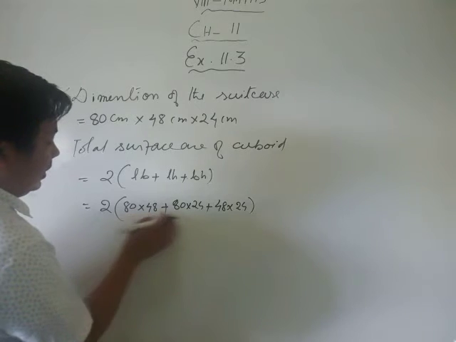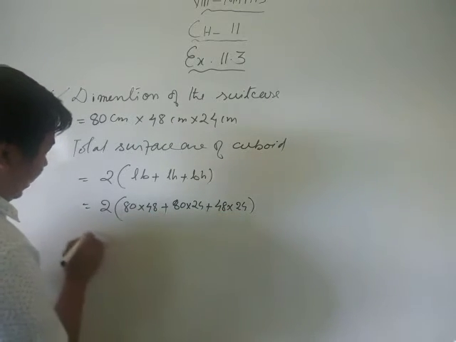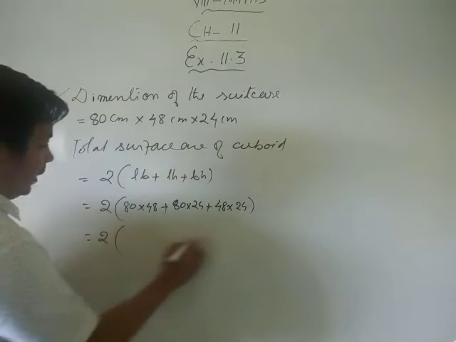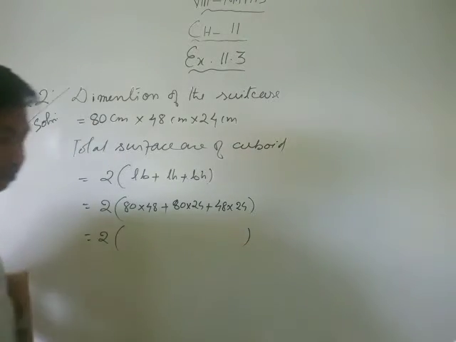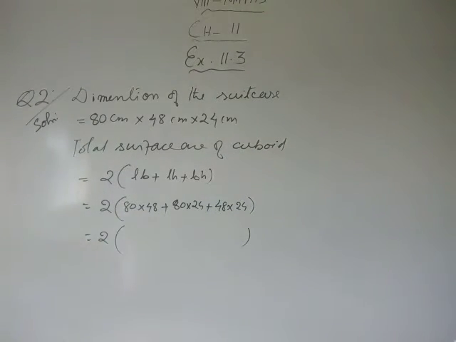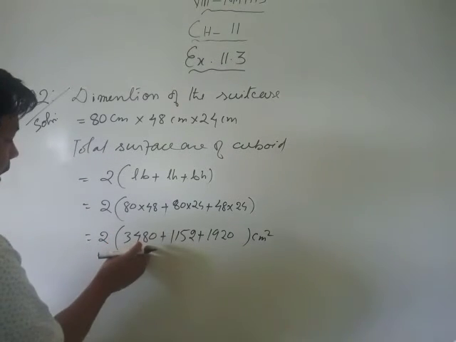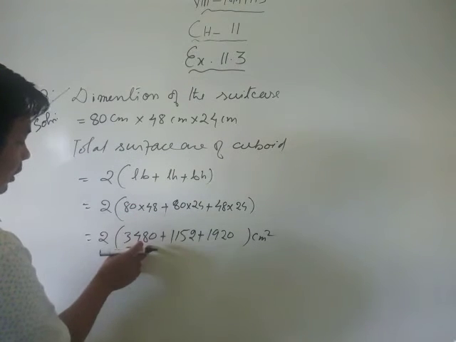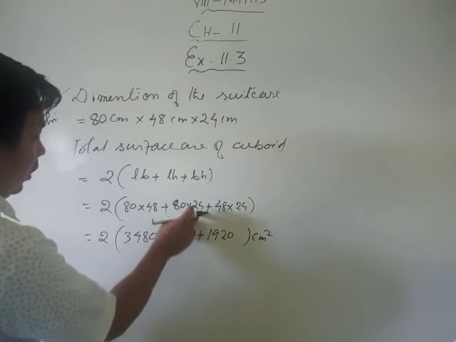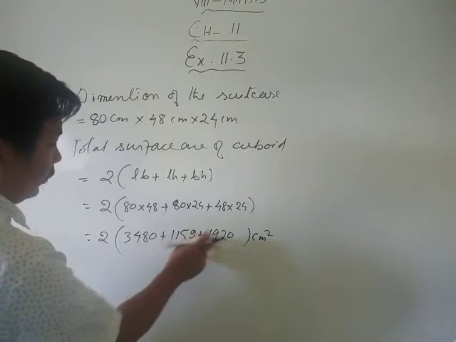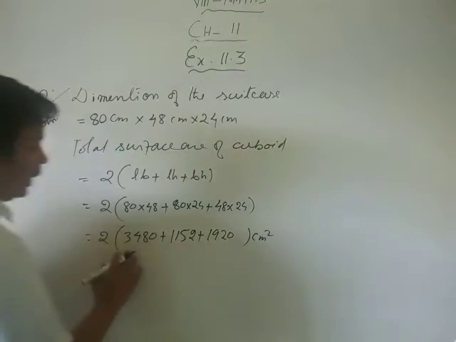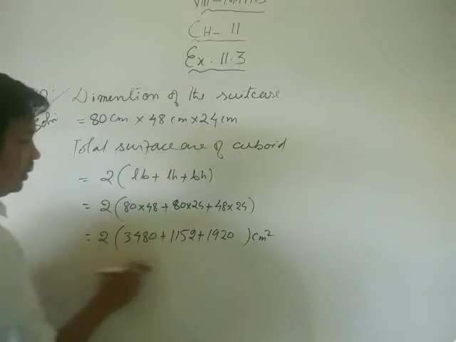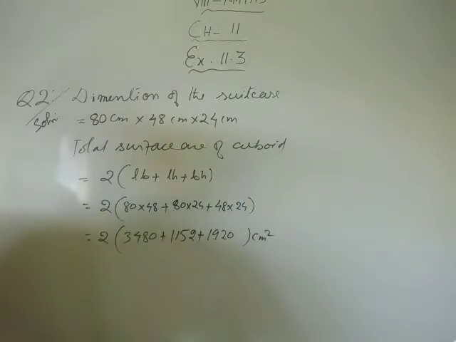We multiply these and add them, and then multiply with 2. In the bracket, I got 3,840, 1,152 and 1,920. We have to add all of these first and then multiply with 2, and then we get the area in square centimeters.